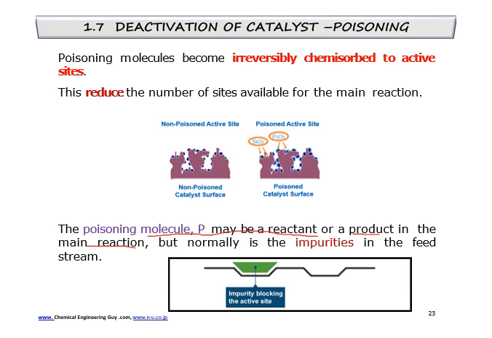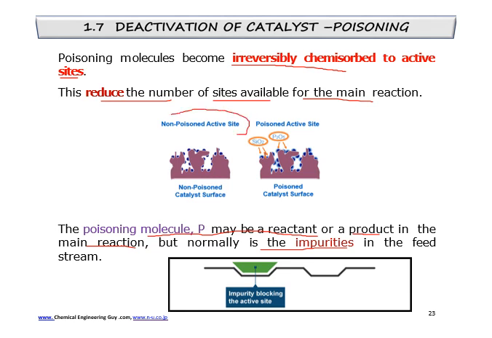But usually poison molecules are due to impurities in the feed stream. So these poison molecules actually could react with active sites. When it reacts, or the other term is irreversibly chemisorbed to active sites, it could reduce the number of sites which are available for reaction.